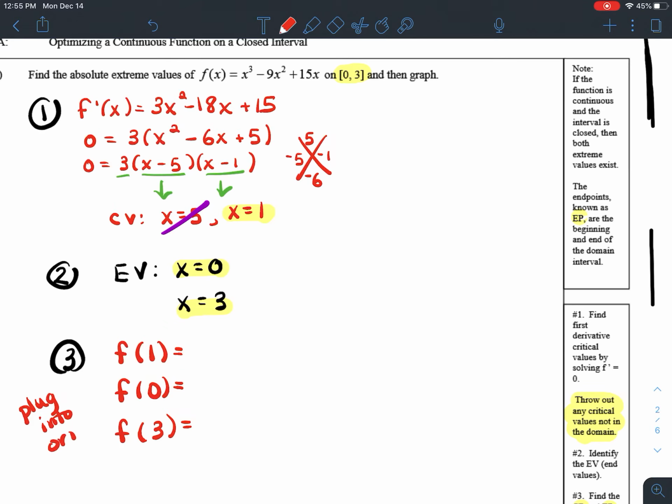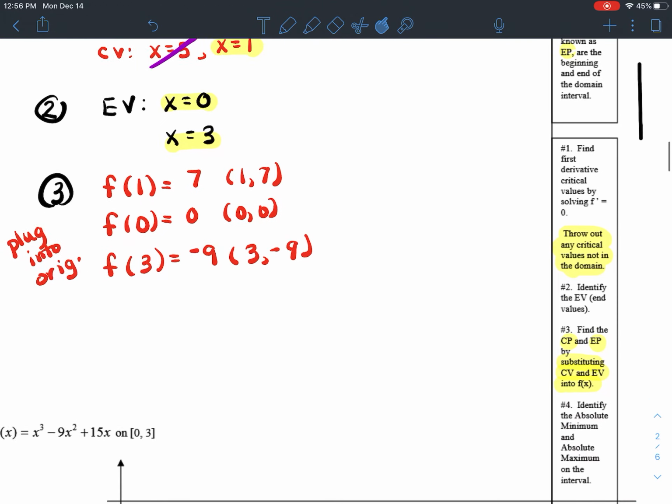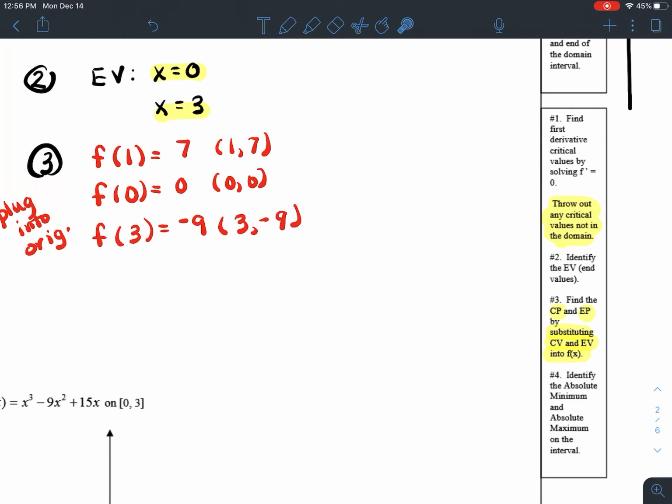These get plugged back into the original. So I'm going to plug 1 into the original. I get a 7 back out. I'm going to plug a 0 in, I get 0 back out, and I plug 3 in, I get negative 9 back out. Okay, I'm going to look at these three values, and it says in step 4, identify of those three which one would be the lowest, the absolute min, and which one would be the highest, the absolute max.